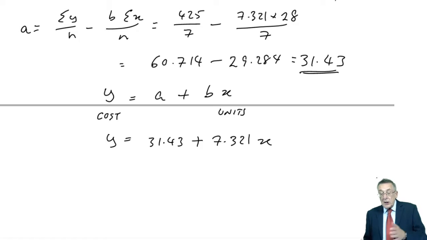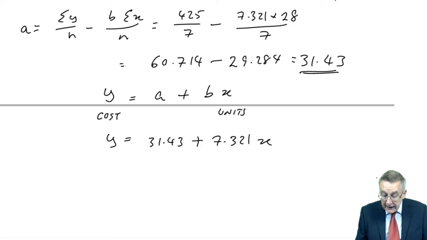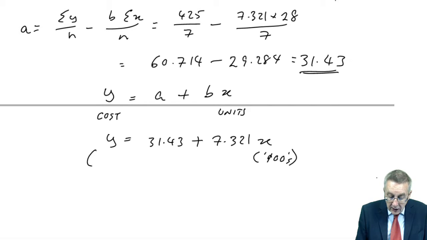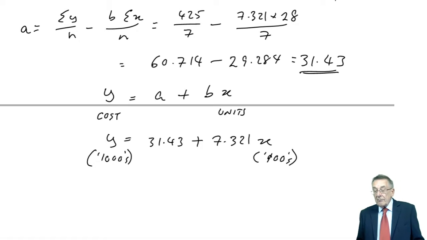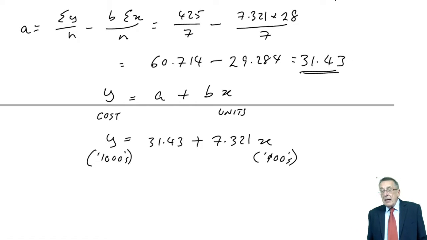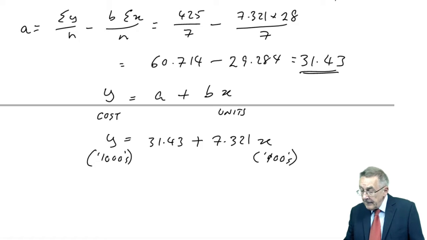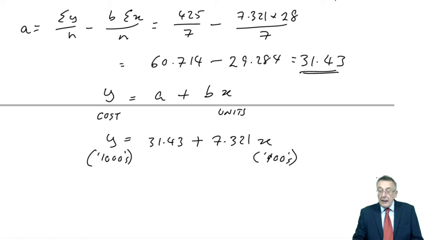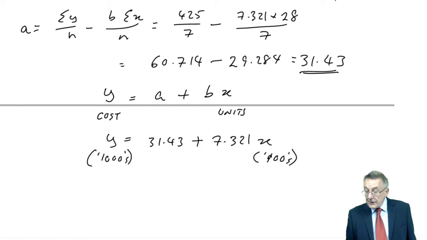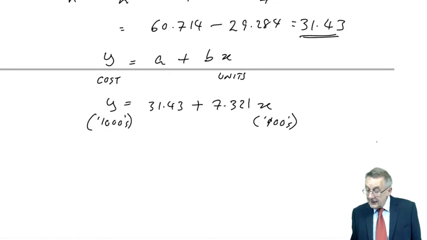That would give me the cost of the number of units, provided units were in hundreds. It would give me the costs in thousands. So A and B aren't the exact fixed costs and variable costs. We need to adjust. And because it's giving the cost in thousands, what we're going to have to do is this.